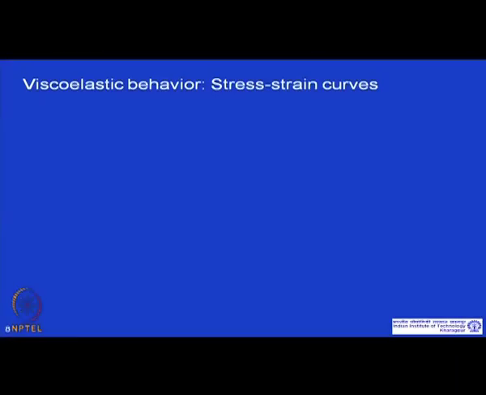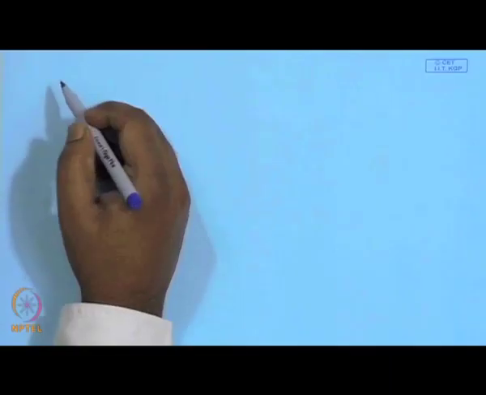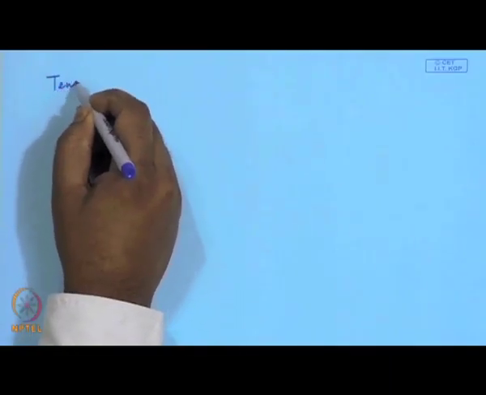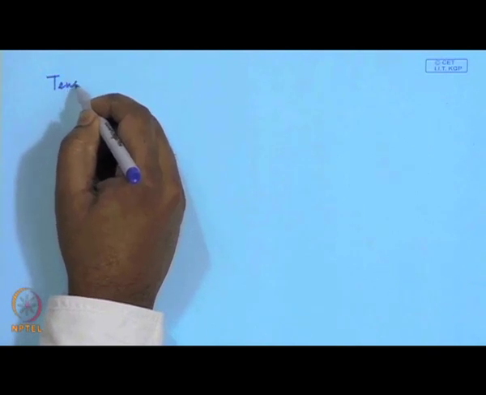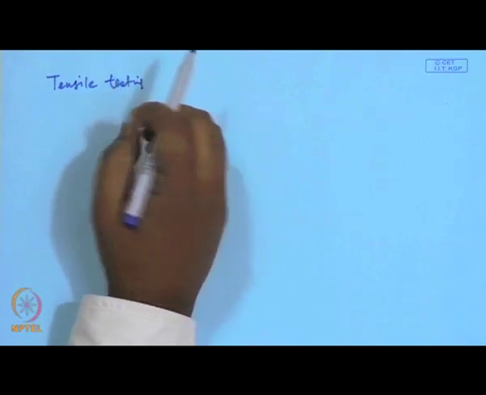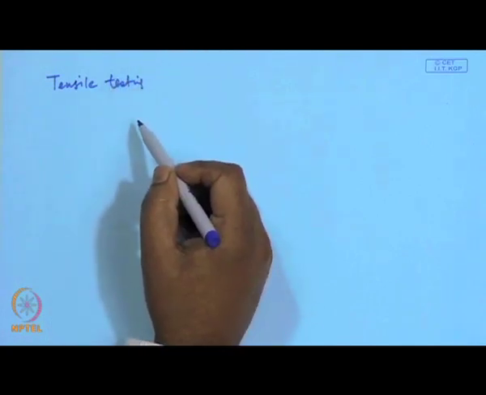So, if I consider the stress strain curve, how does it look for a viscous and elastic material? First of all, when you do tensile testing, one thing we must remember is that as we do this test, the dimension of the specimen changes.